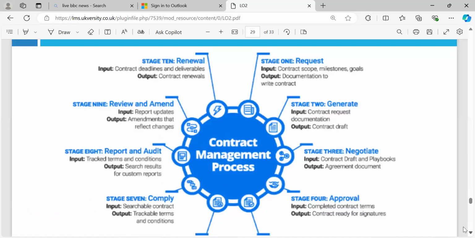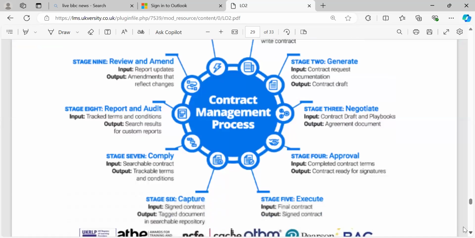Stage one is the request: input, contract scope and milestones, goals and output documentation. Stage two is to generate the contract request document and contract draft. Stage three is negotiate, with the playbook. Stage four is approval, complete the contract. Then stage six, capture the signed contract and tag the document.